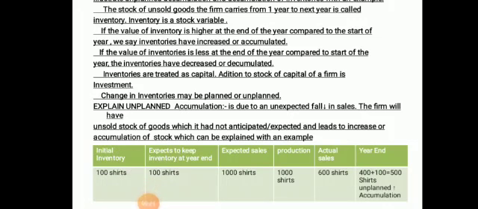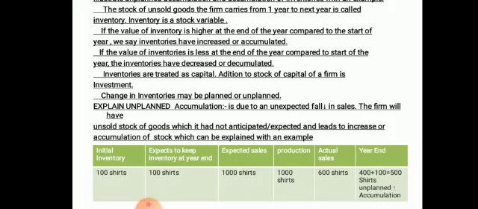Initial inventory, it has last year's carry forward of 100 shirts. It wants to keep 100 shirts at the end as a stock. It is expecting to sell 1000 shirts, so it will produce 1000 shirts, but actually is able to sell only 600 shirts.